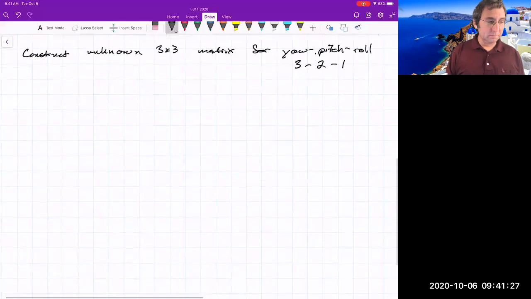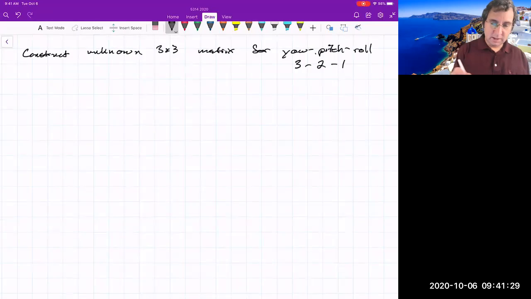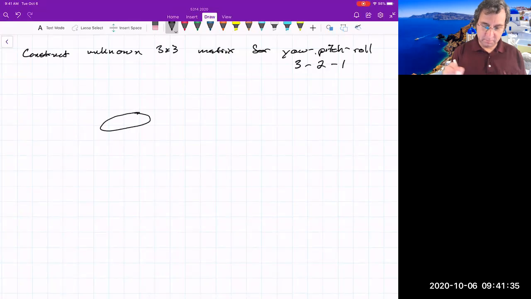So how do we do this? Well, I'm going to be drawing a sketch of the rigid body, but I'm not going to try very hard. So it's this blob thing, and I'll write the inertial direction. We imagine that initially the body frame and the I-frame are aligned.